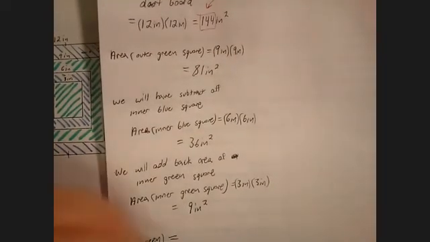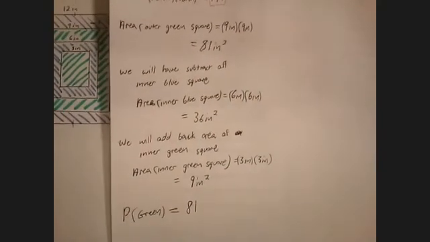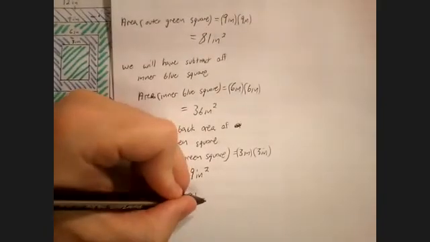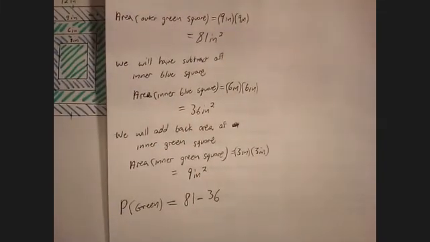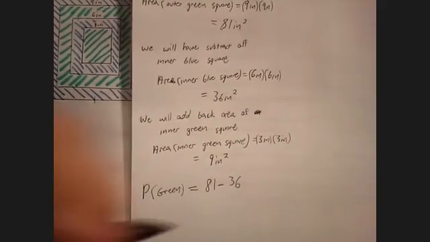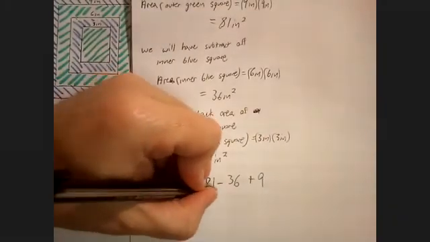Okay. So I'm going to write it out. So 81 is the outer green square first. Then I have to subtract off that inner blue square. But then we have to add back the inner green square. Okay.